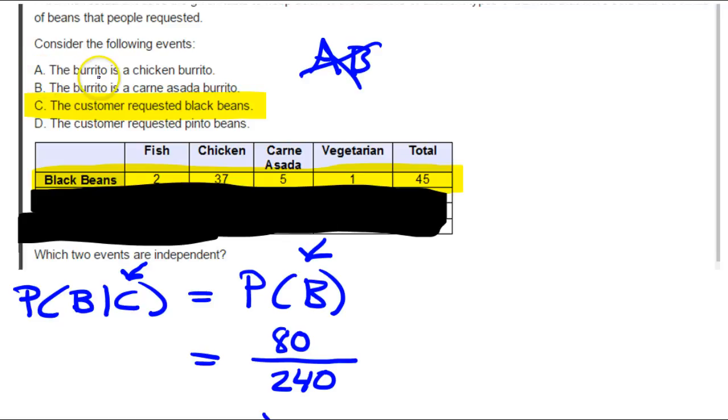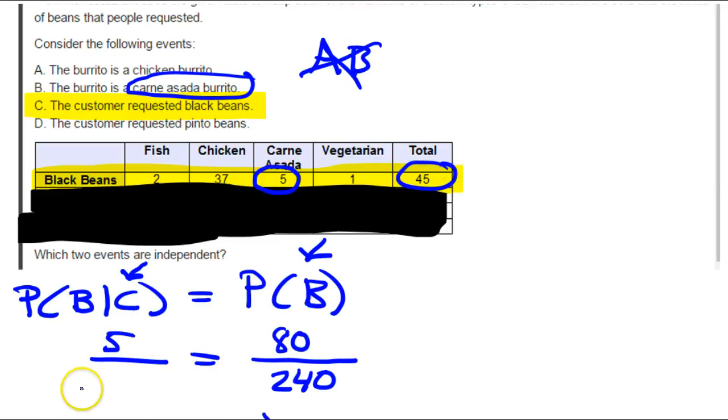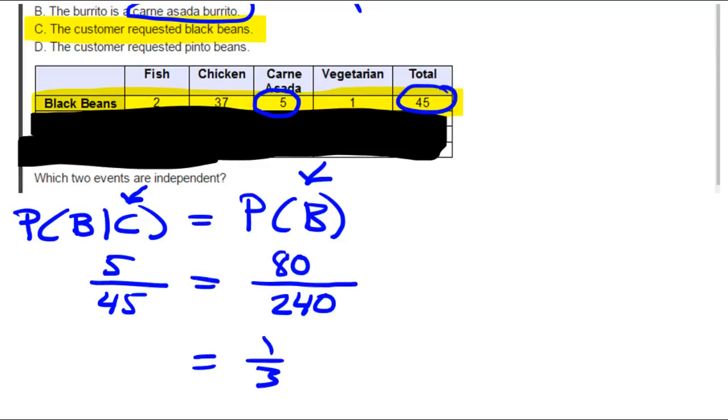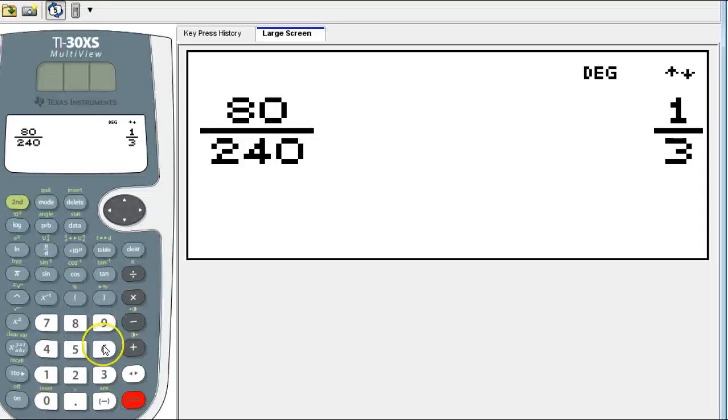B is carne asada. So that's right here. We have 5 carne asada. We're doing target over total, so 5 carne asada out of a total of 45. Let's see what that reduces down to.